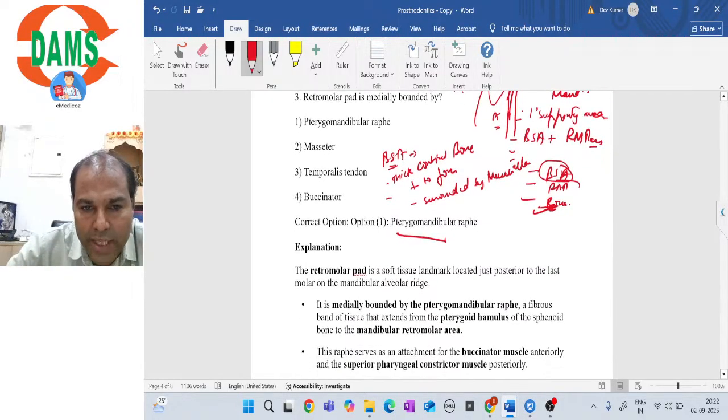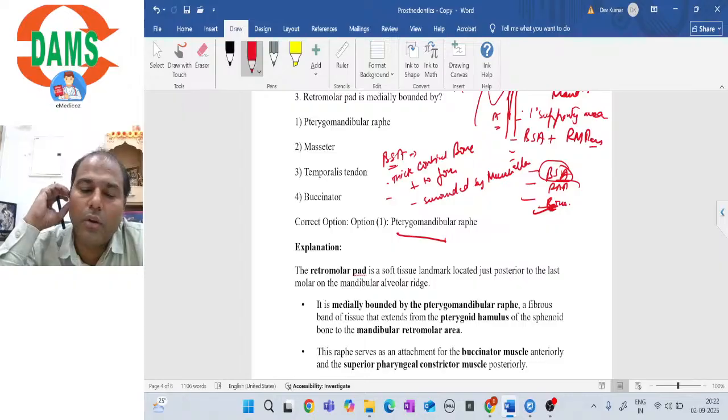Okay, so it is medially bounded by the pterygomandibular raphe, a fibrous band of tissue that extends from the pterygoid hamulus of the sphenoid bone to the medial aspect of the mandibular retromolar area.